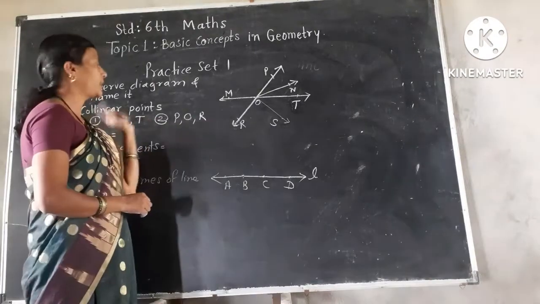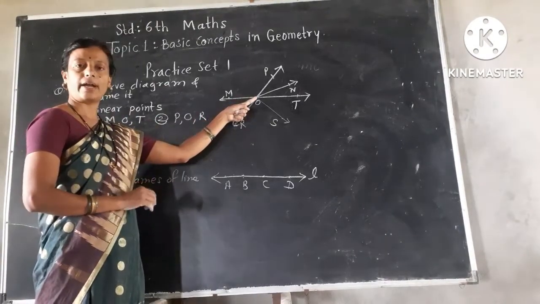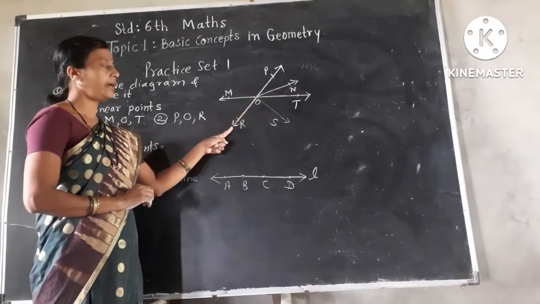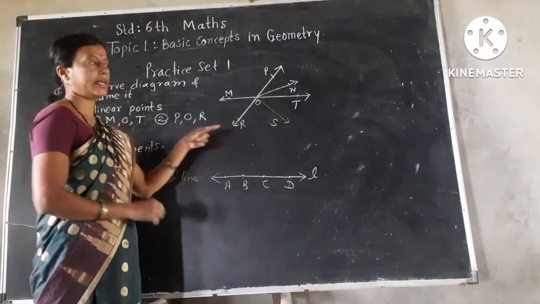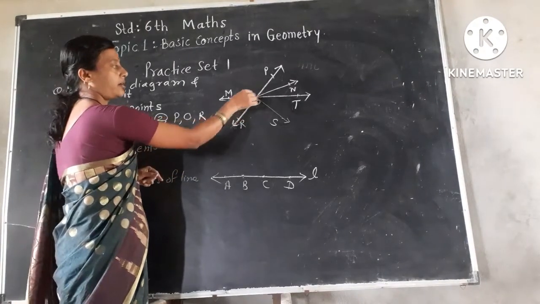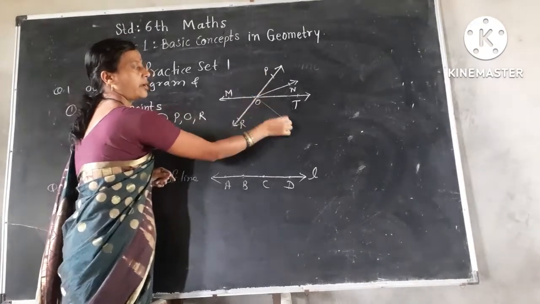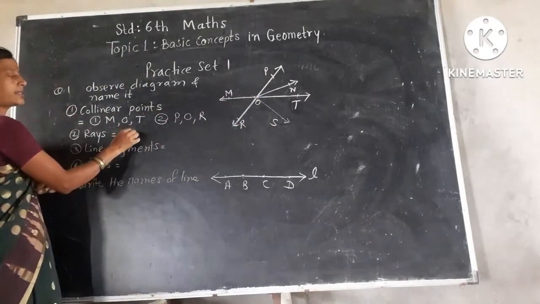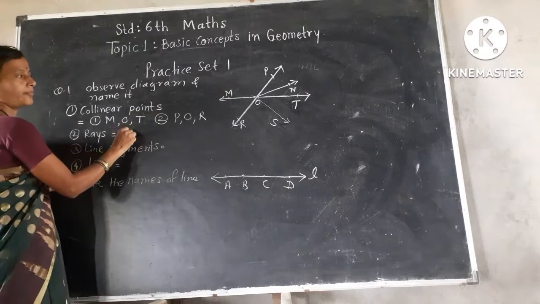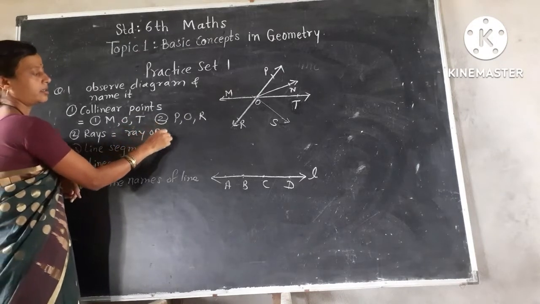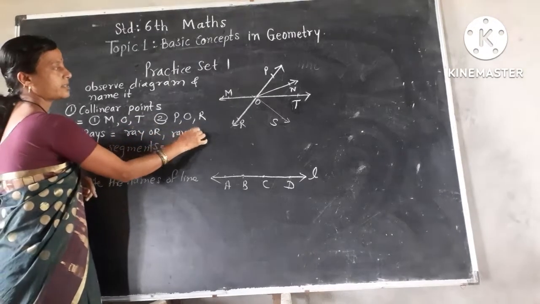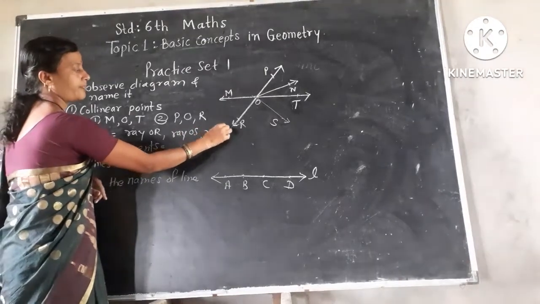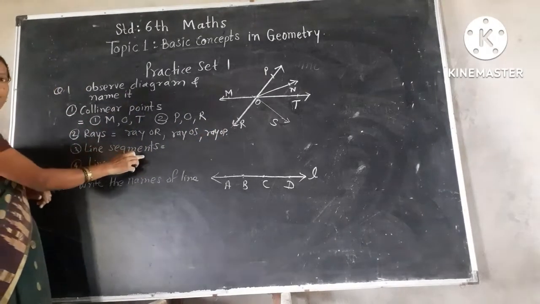Second, rays. Rays means a starting point at one end and an arrowhead at the other end. So here are ray OR, ray OM, ray OP, ray OS. We can write some rays: ray OR, ray OS, ray OP. Line segment.